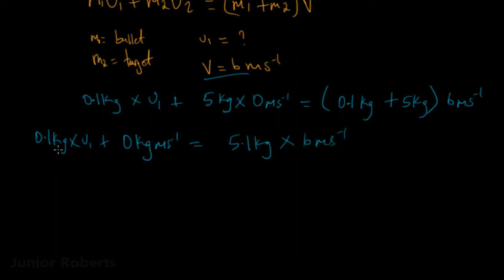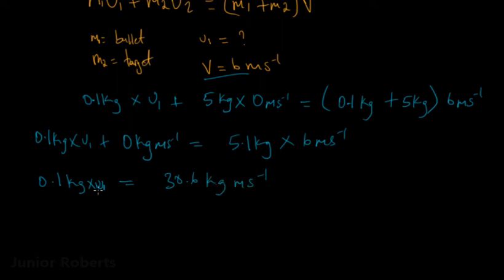So 0.1 kilograms times u1 is equal to 5.1 times 6, which gives 30.6 kilogram meters per second.